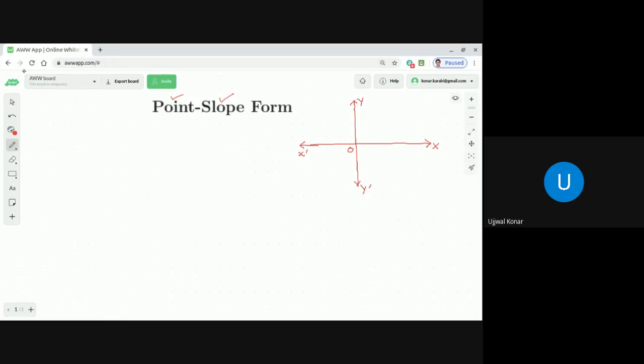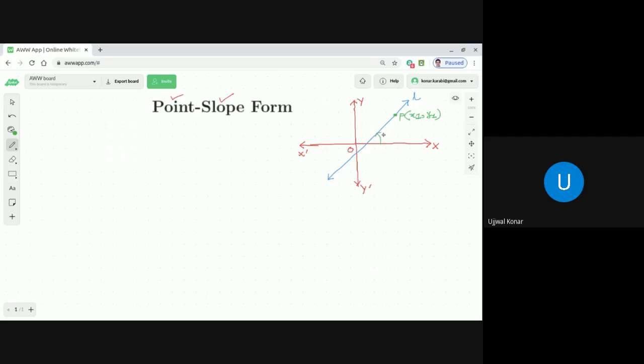If we have a straight line like this, this is the straight line L, and this straight line L is passing through a fixed point, say P(x1, y1), and it has a given slope.